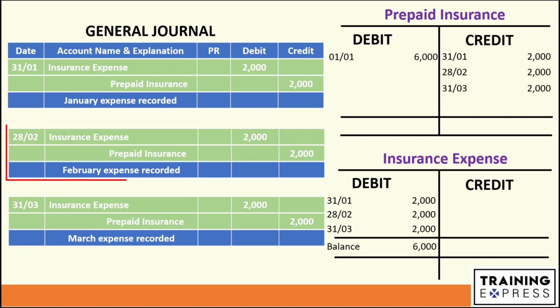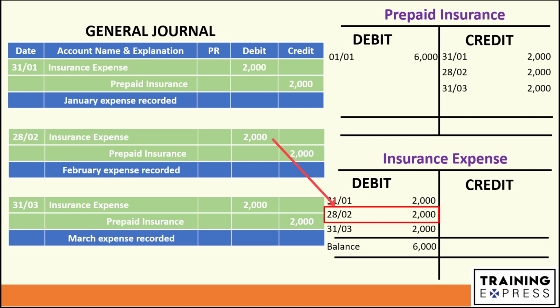Now 28th of February, same journal entry, insurance expense will be debited by $2,000 and prepaid insurance will be credited by $2,000. Let's post this adjusting entry here.